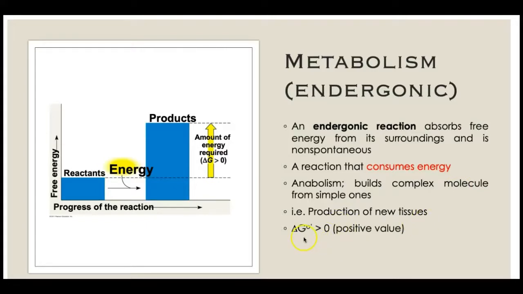So the standard free energy change is more than 0, which is a positive value, which also means it is non-spontaneous. So we can see here the reactants initially have low free energy, but when energy is absorbed, the product will have higher free energy, where the amount of energy required is more than 0.